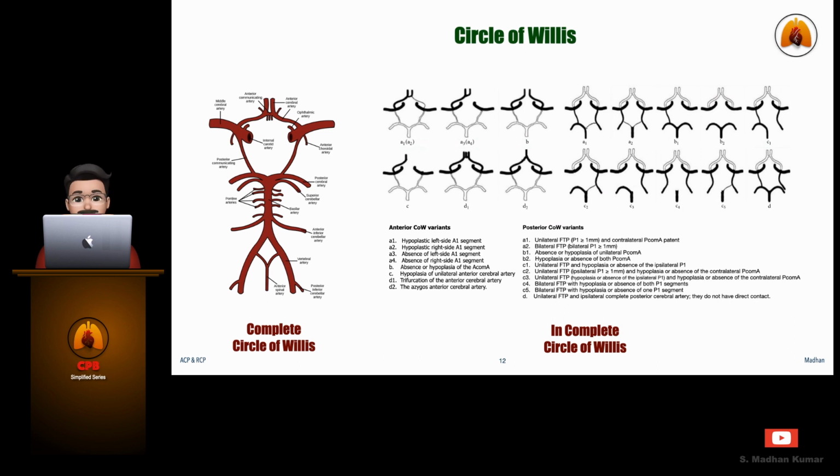In these diagrams, we can see the complete circle of Willis and incomplete circle of Willis. It can be diagnosed using magnetic resonance angiography or transcranial Doppler sonography to find whether the patient is having a complete or incomplete circle of Willis.